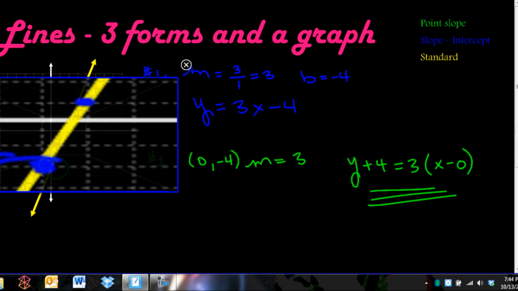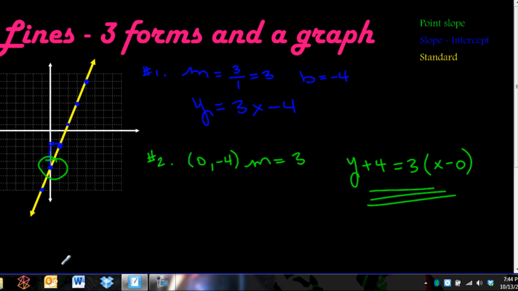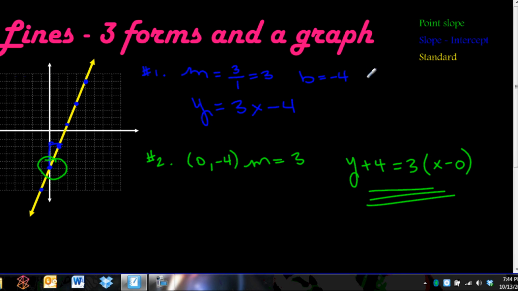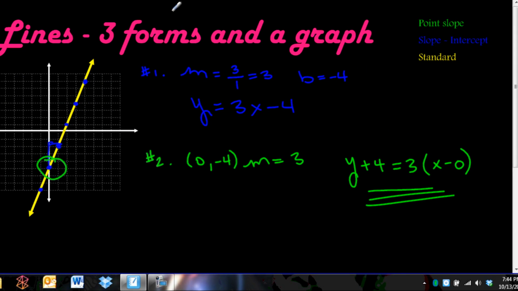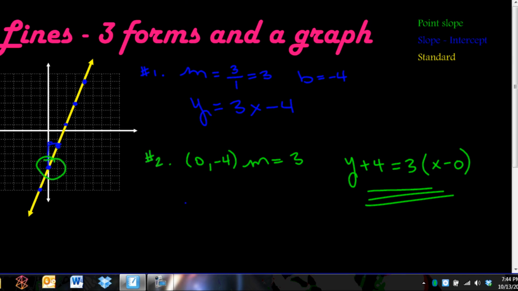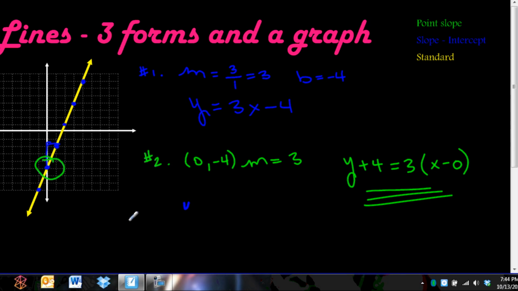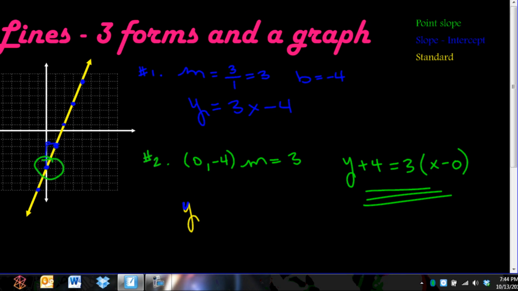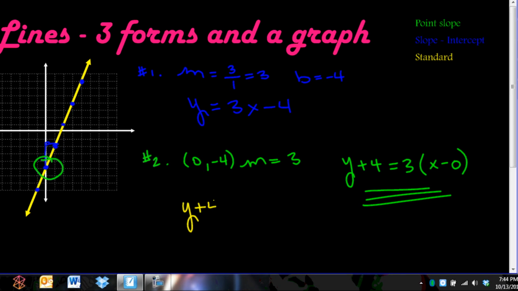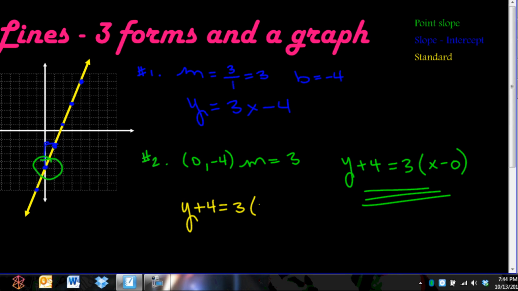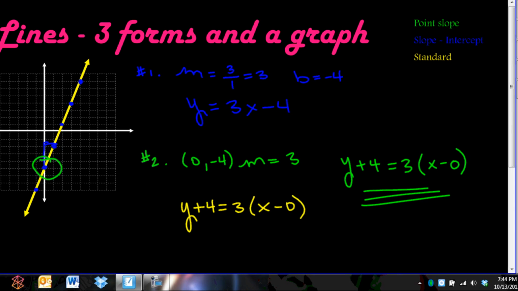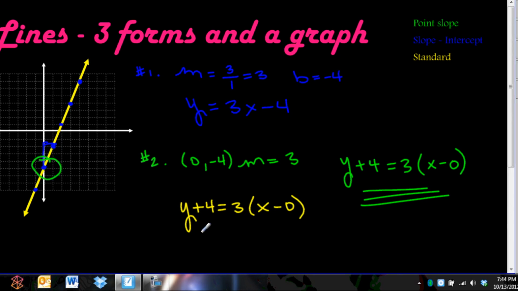So I can't just look at the graph like I could the other two. That being said, the easiest thing to do now is to take that point-slope formula, y plus 4 equals 3 times x minus 0, and change that to standard form.